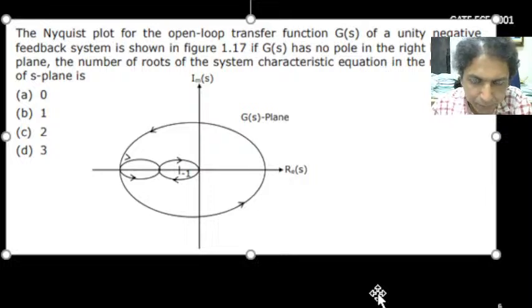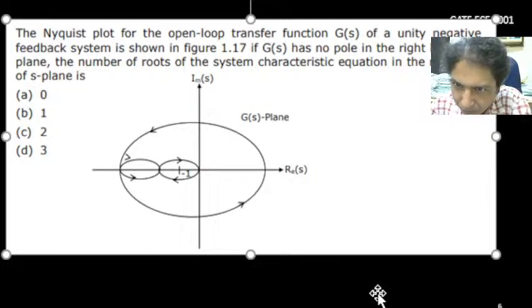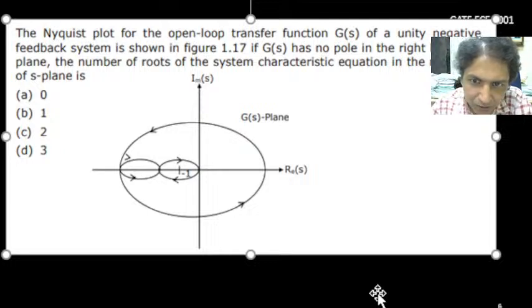Okay, anybody? So how will we attack this problem? This problem appeared in GATE 2001. It is not that difficult to solve, very easy. Here I will give you some idea how to solve it quickly, but if it is for your semester purpose, you need to solve it thoroughly. Okay.